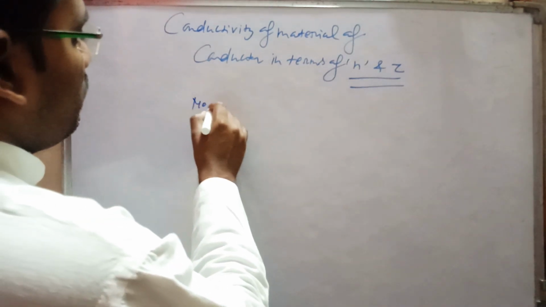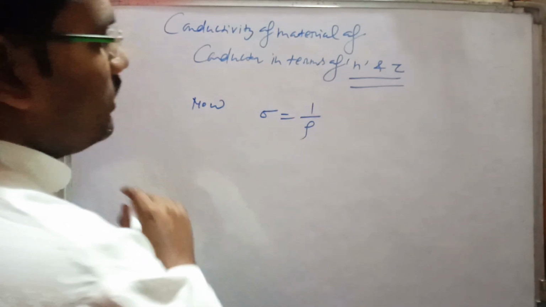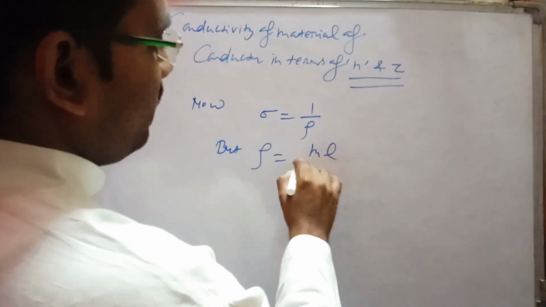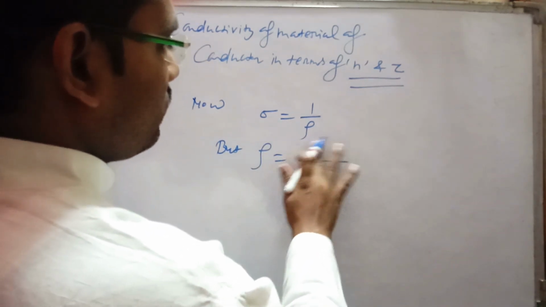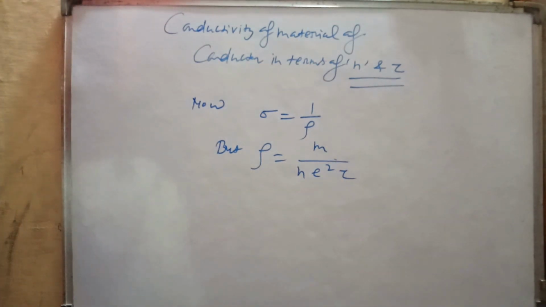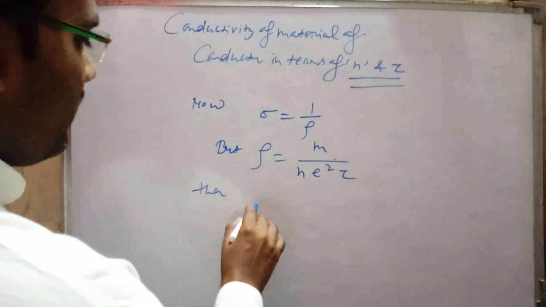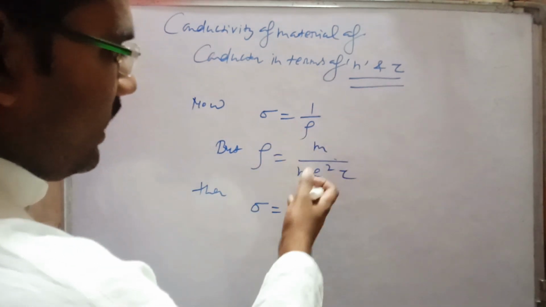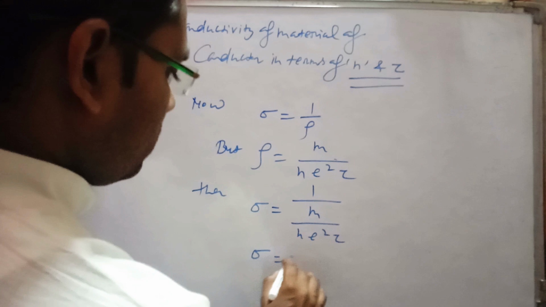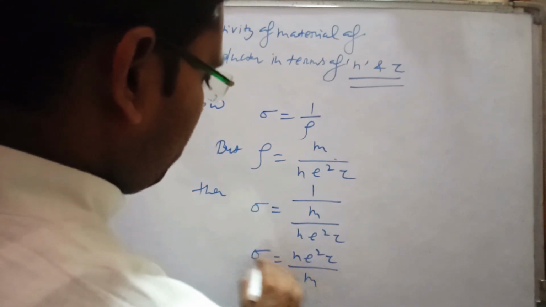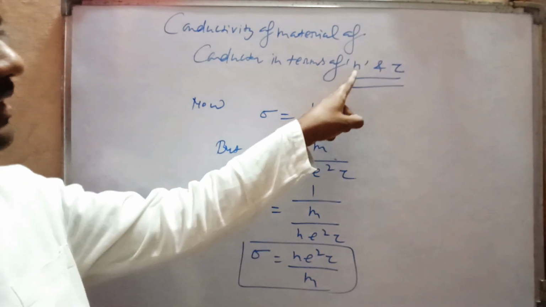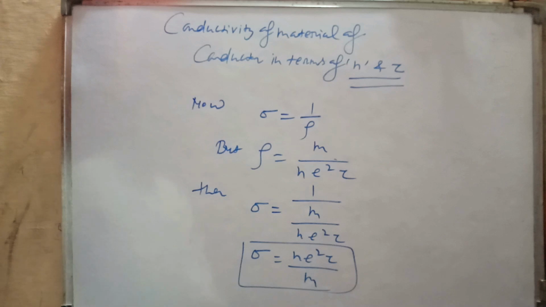So now conductivity is equal to 1 upon resistivity, but resistivity is equal to m upon n e square tau. Then conductivity is equal to the reciprocal of resistivity, that means n e square tau by m. This one is the expression for conductivity of material of conductor in terms of n and tau.